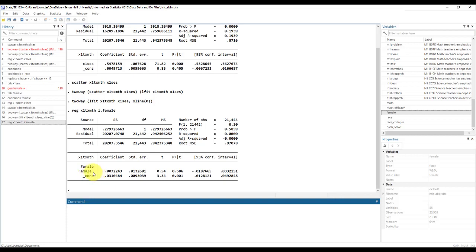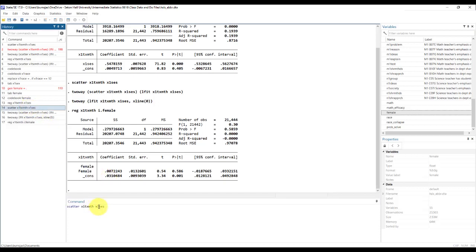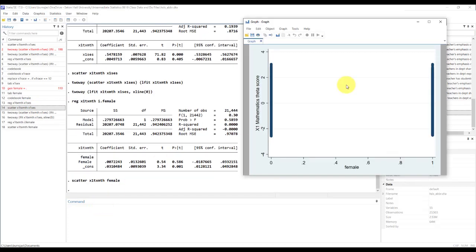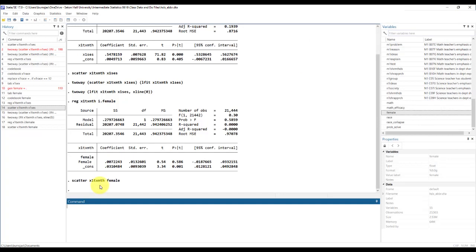Because we have a binary predictor, this is less about the coefficient or the equation for a line, like when we had a continuous predictor, and really about mean differences, so differences in average. If I ran a scatter plot of this, we'd get something that doesn't make any sense, because we only have values of 0 and 1 for our variable female. So because this relationship is different, we need to interpret it differently.